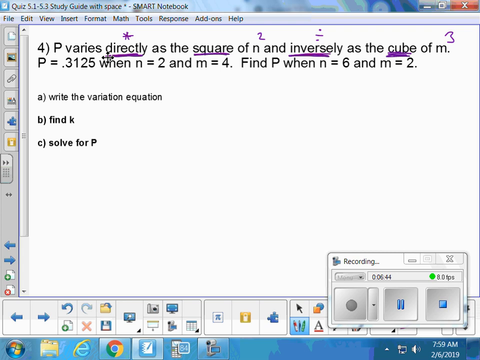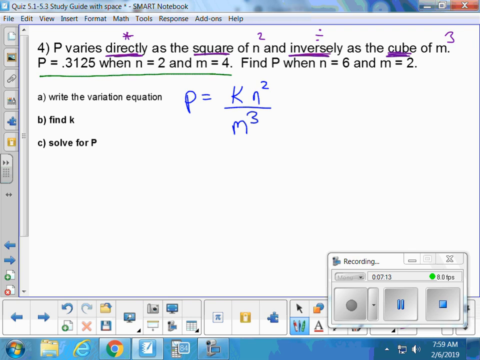Let's go with Zoe. Is the n squared on the top or bottom? Good. So the n squared goes on top, it's direct. The m cubed goes on bottom, it's inverse. So perfect. All right, let's keep reading and find some information.